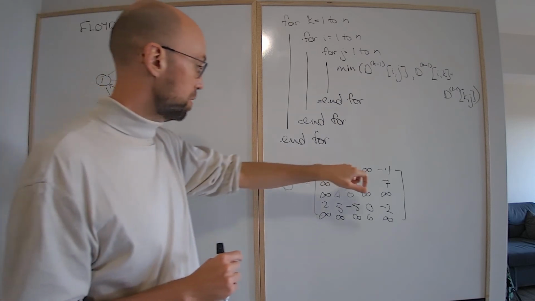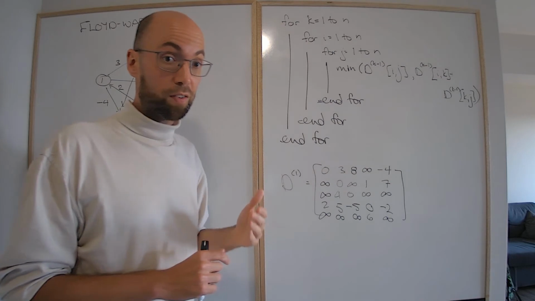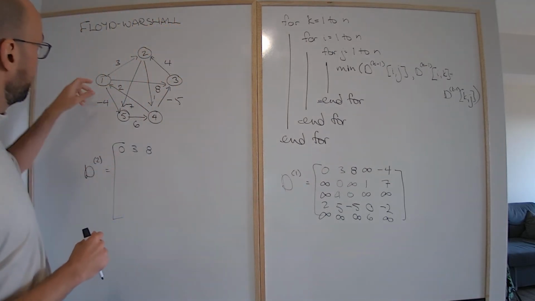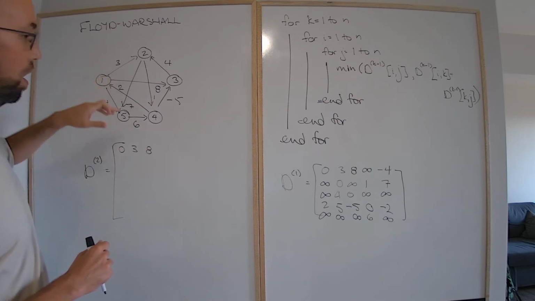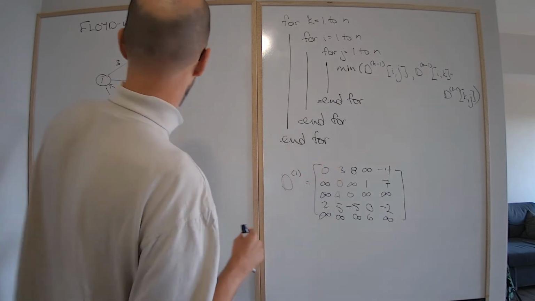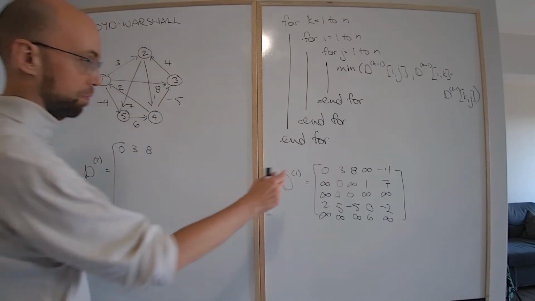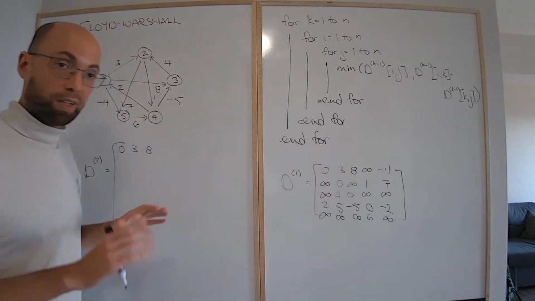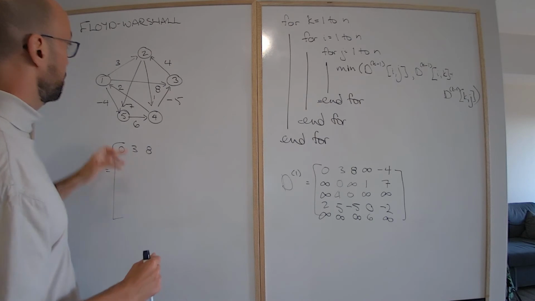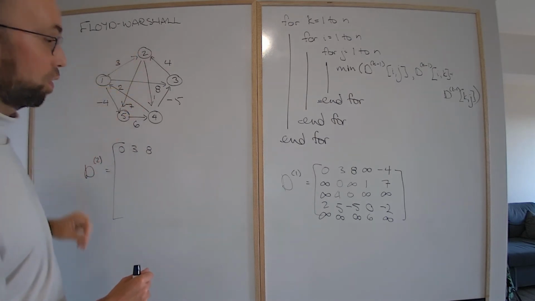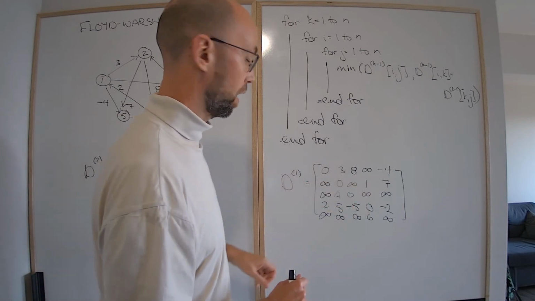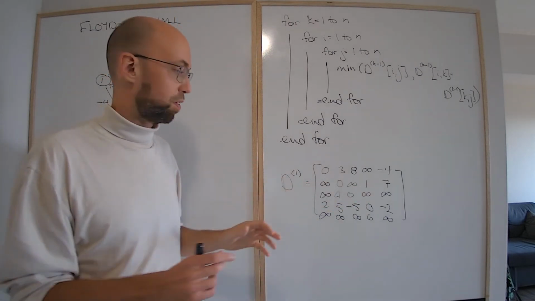So it's going to be the minimum of infinity, which is the cost if you're only allowed to use 1 as an intermediate vertex, and the cost of going from 1 to 2, using at most 1 as an intermediate vertex, and then the cost of going from 2 to 4, using at most only 1 as a possible intermediate vertex.